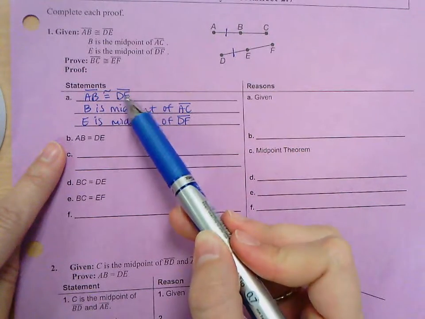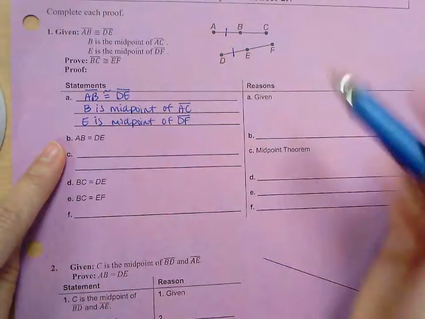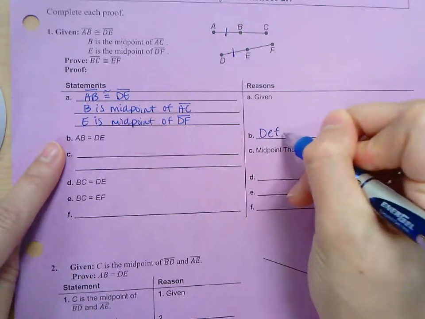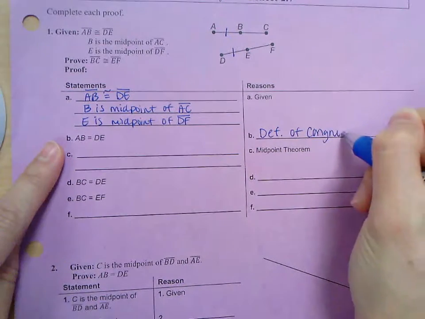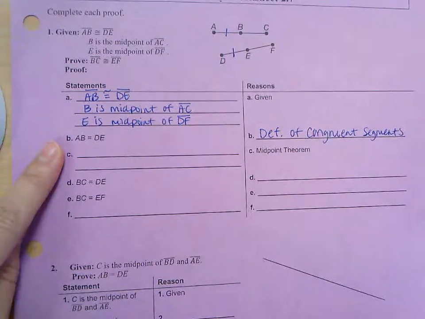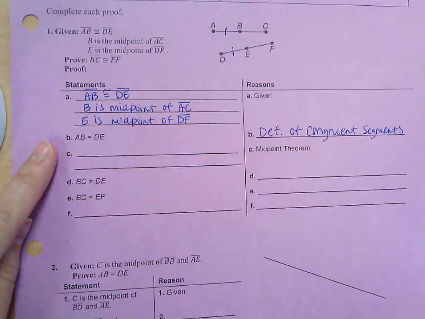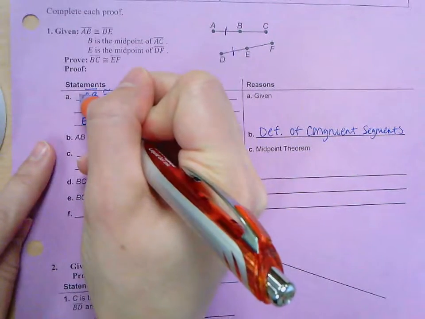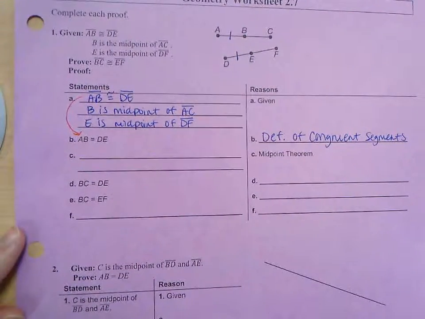If the segments are congruent, the measures are equal. What tells me that? That is the definition. I'm going to abbreviate definition. Definition of congruent segments. That's just what it means to be congruent. Okay, but if you're wondering this, I used this given information to make that conclusion. That is why I know that's true.